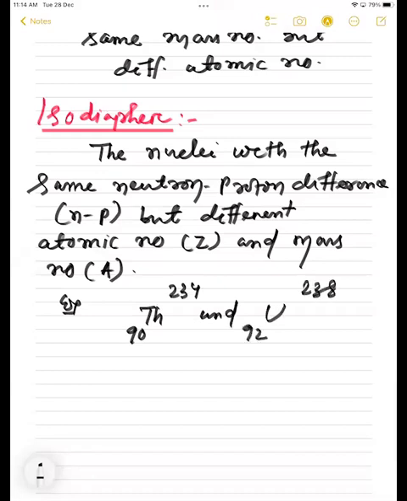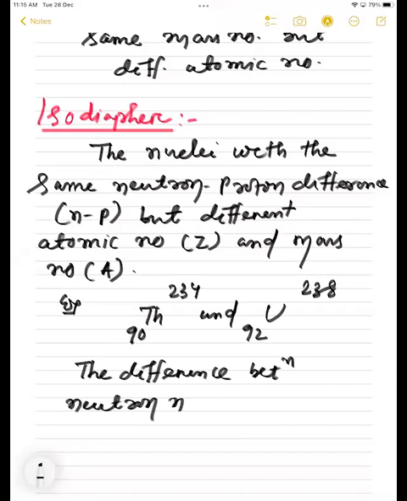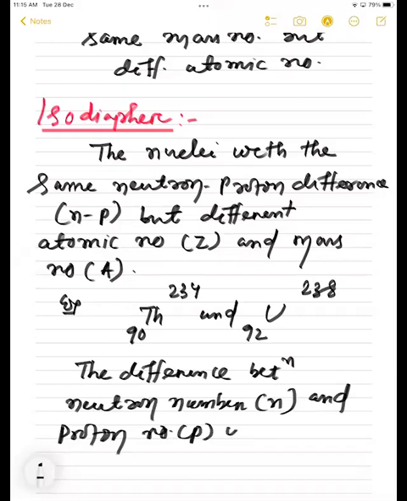The difference between neutron number and proton number is how much? See, 54. The difference between neutron number n and proton number p is equal to 54.